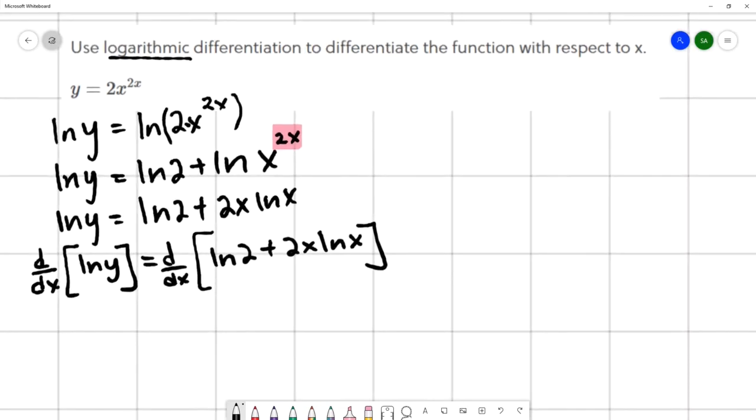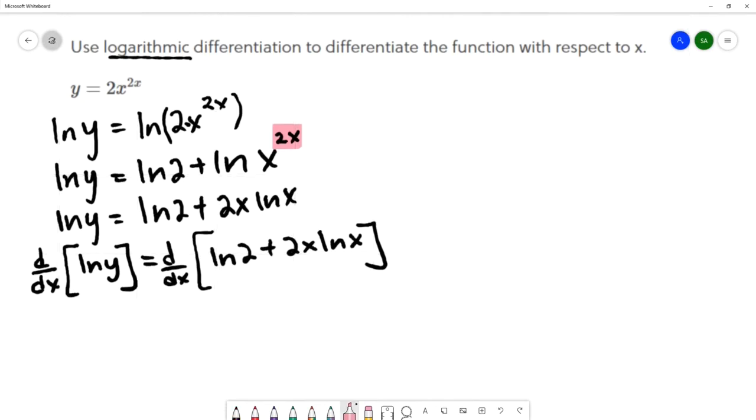And on the left-hand side, we notice that our variables do not match each other. And so when the variables don't match, you have to use implicit differentiation. And that's going to give me a derivative of y prime over y. On the right-hand side, the variables do match.